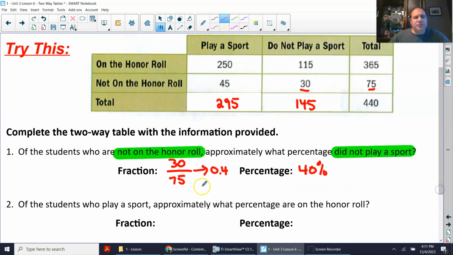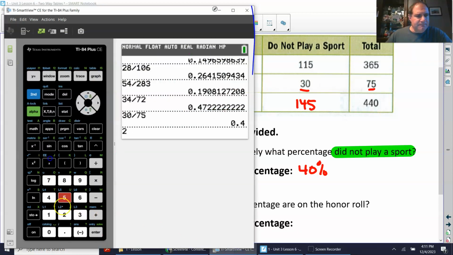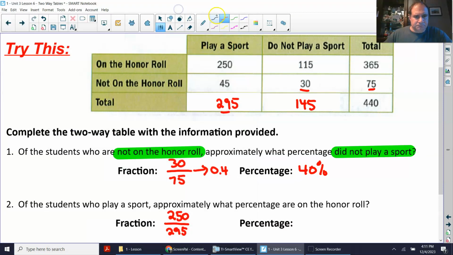Of the students who play a sport, all right, 295. What percentage are on the honor roll? On the honor roll, 250. That's a high percentage. So 250 divided by 295.